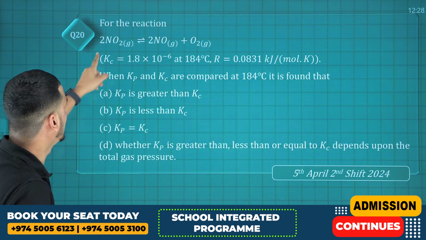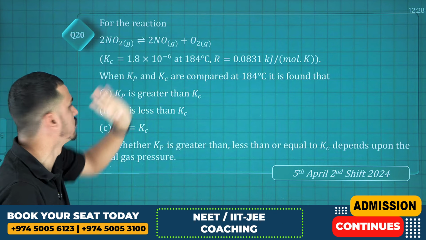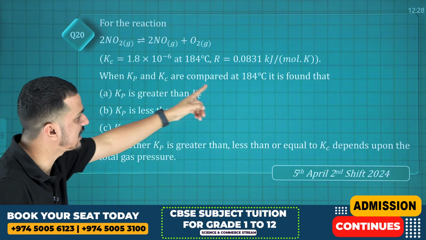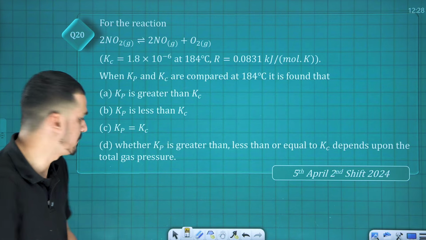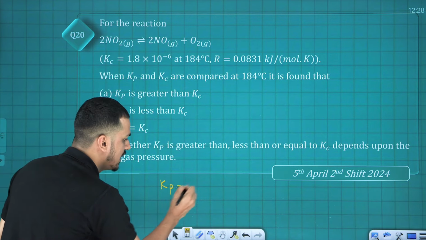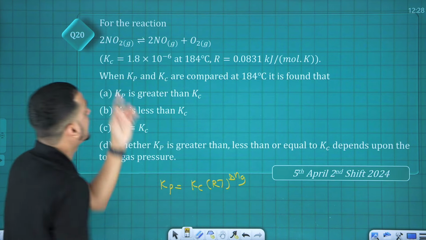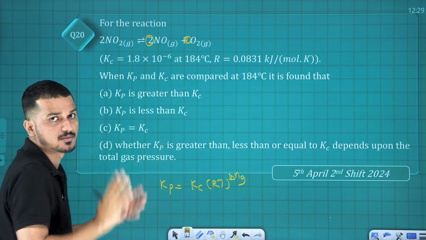What about question number 20? They gave one reaction: 2NO2 reversibly gives 2NO plus O2. The Kc value is given. Now they are asking, when Kp and Kc are compared at 184 degrees Celsius, what is the relation between Kp and Kc? We know Kp equals Kc into RT raised to delta Ng. What's the delta Ng here? On the product side 2 plus 1, total 3 gaseous molecules are there.